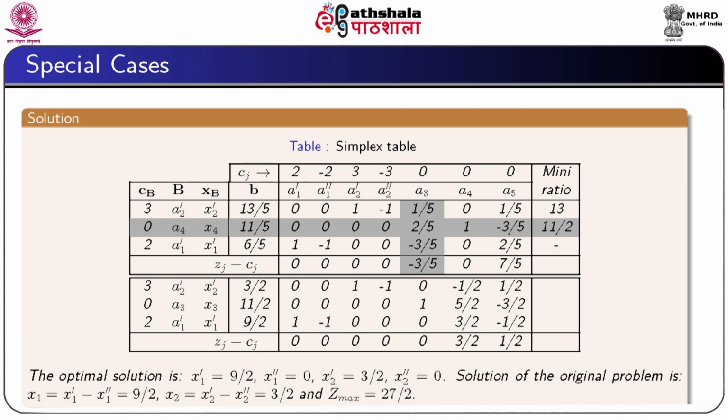From the final iteration, we see that Zj minus Cj is greater than or equal to 0 for all j, hence the optimality condition has been satisfied here, and the optimal solutions can be obtained as x1 dashed equal to 9 by 2, x1 double dashed equal to 0, x2 dashed equal to 3 by 2 and x2 double dashed equal to 0. So, the solution of the original problem is then x1 equal to 9 by 2, x2 equal to 3 by 2 and maximum value of z equal to 27 by 2.